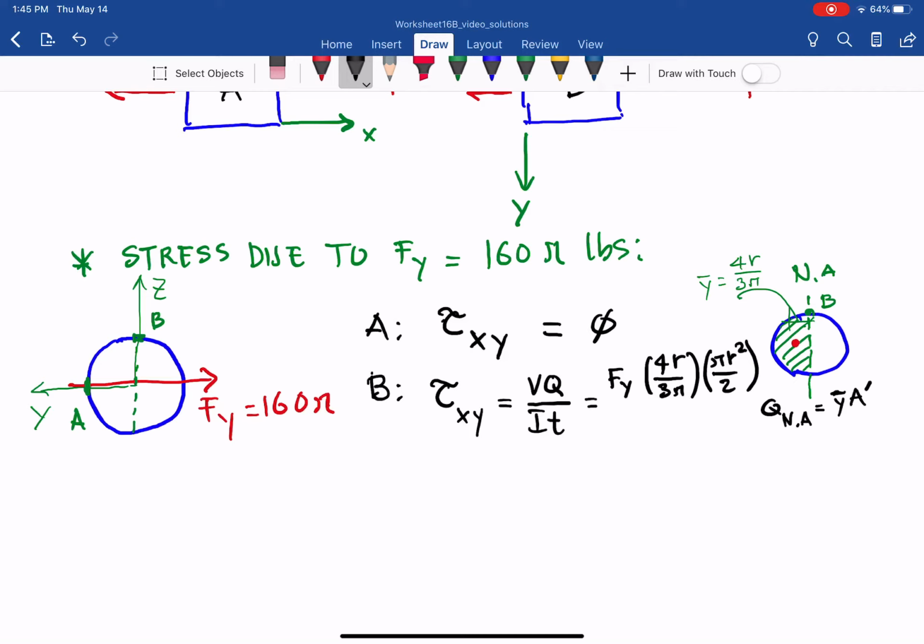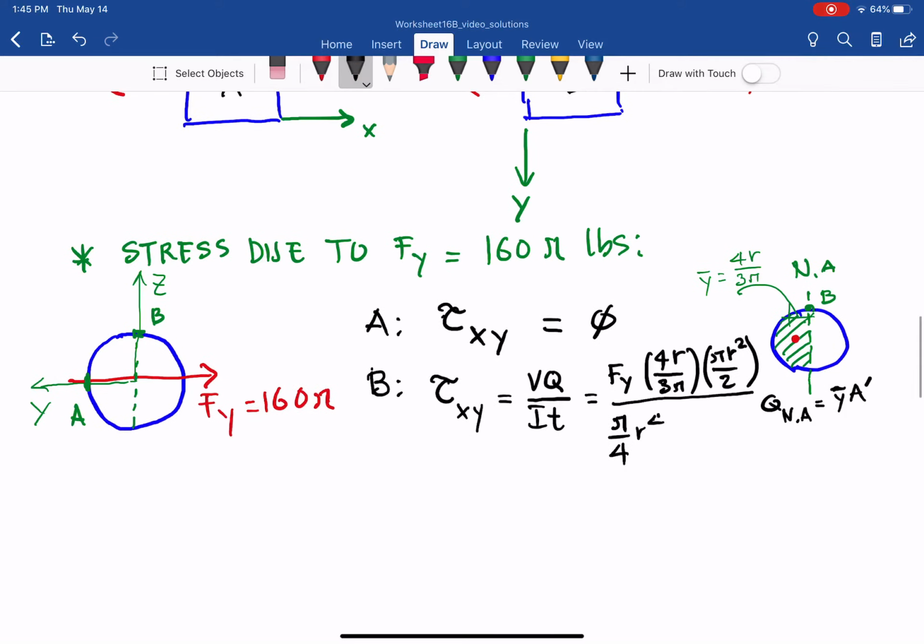And then we go to the area moment of inertia for a circle, pi over 4 r to the fourth, that is I. Then we have t, the thickness at the point of interest.